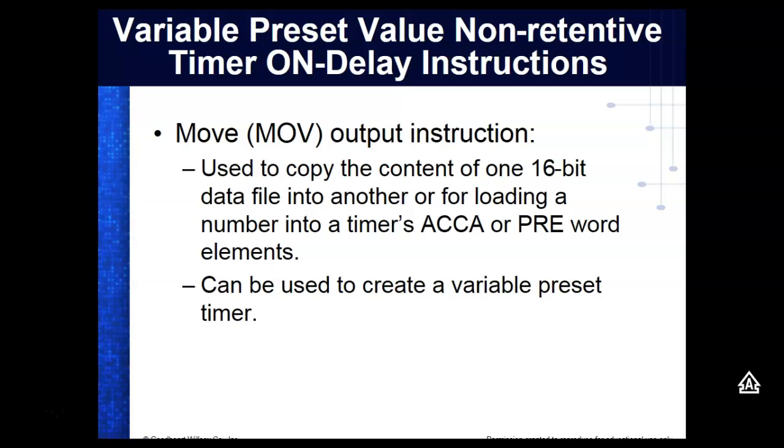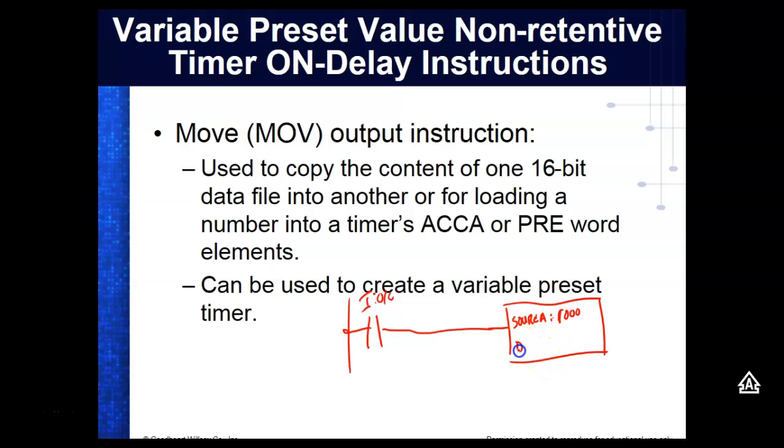So I can come up here and do this. We'll give this an input. And then I can come over here and use the move instruction. It's a block instruction. And we have a source A. What I can do in source A is get this from another data file, or we can put a number in here, say 1,000.